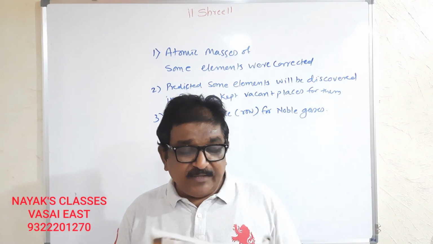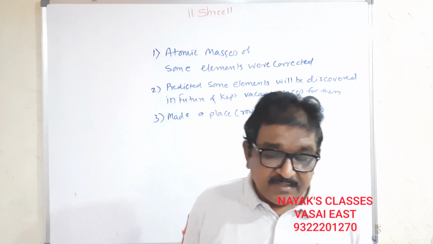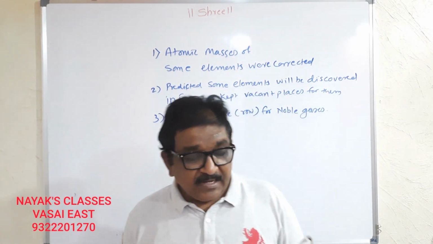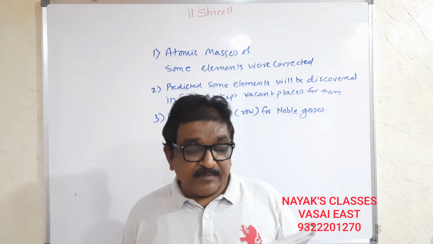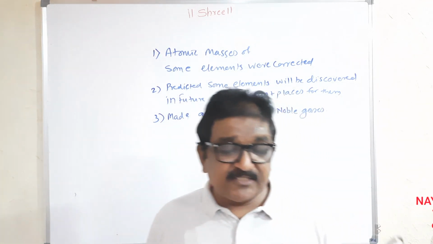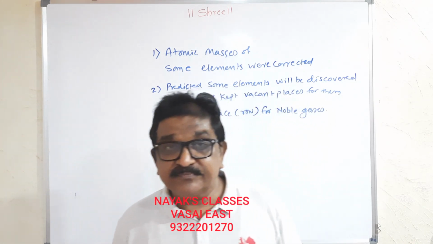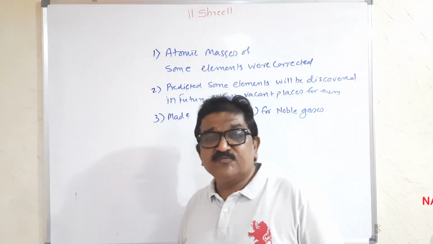Later on, these elements were discovered and named as Scandium Sc, Gallium Ga, and Germanium Ge respectively. The properties of these elements matched well with those predicted by Mendeleev. We are in the second merit of Mendeleev's periodic table.